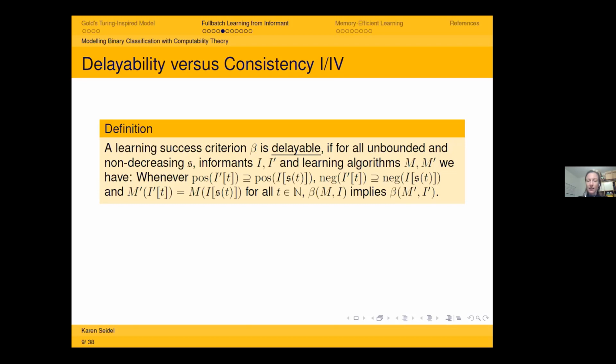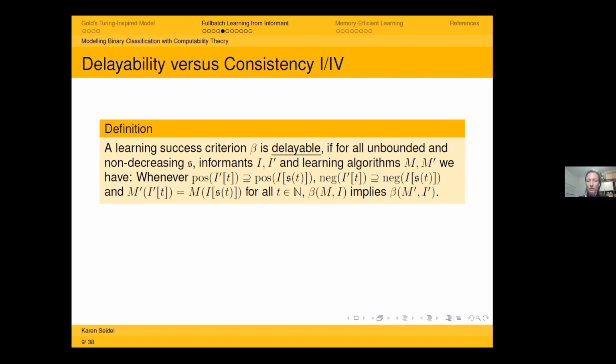So in the sense that I have an unbounded and non-decreasing function called a simulating function s, and I have, for example, different presentations that the simulating function translates the one presentation into the other, in the sense that at time t, this presentation I prime has at least as much information available as the other information stream, capital I, has at the point s of t.